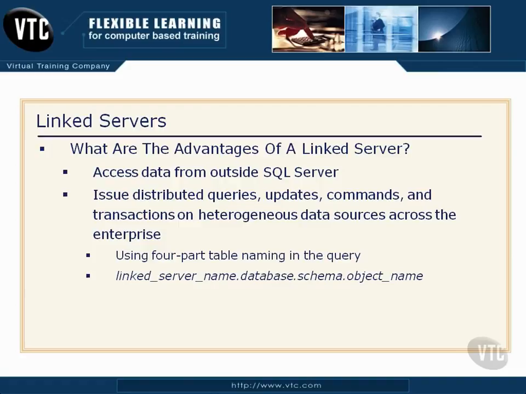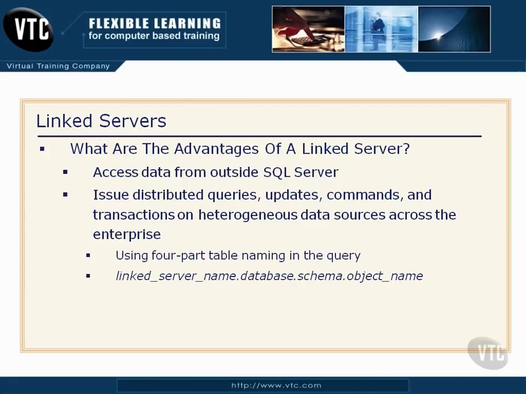Then, from the local SQL Server that I'm working on, I would write a query and say select everything from, and I would put the linked server name, the name of the remote server I'm linked to, the database on that server that I want to connect to, the schema that I want to reach into, and then the object name or the table name that I want to query from, or that I want to touch.